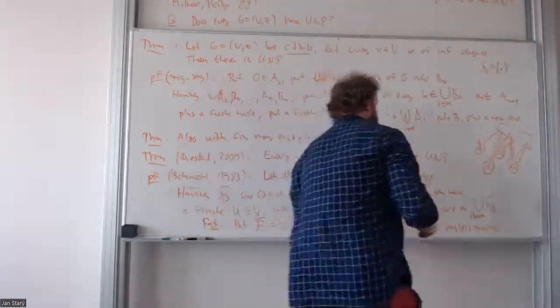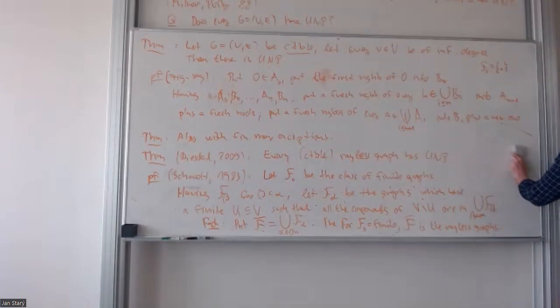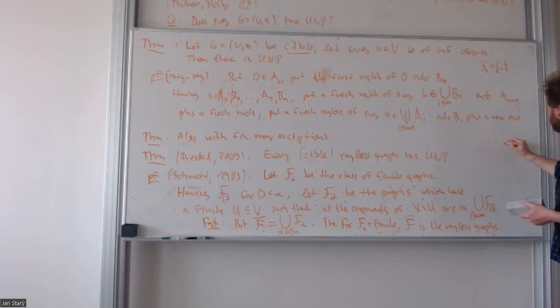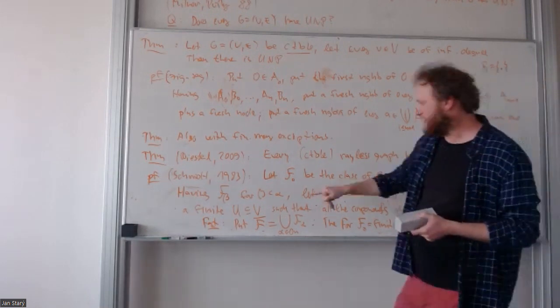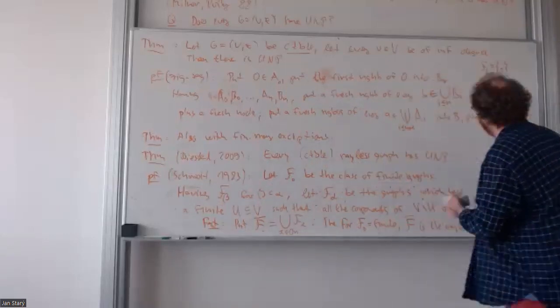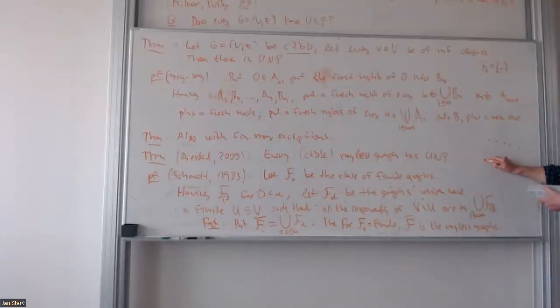I will only add one. The most complex thing that will fall into F1 is a finite set. This is the U, and all the components of the rest will look like someone in F0. So these will be these isolated points. These are graphs in F0.